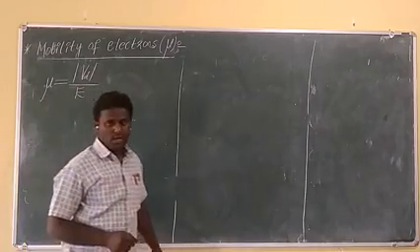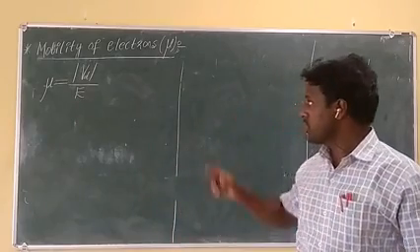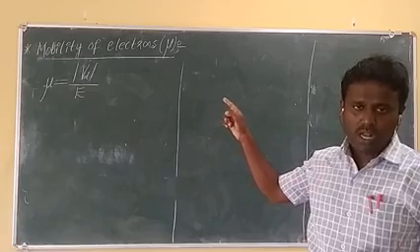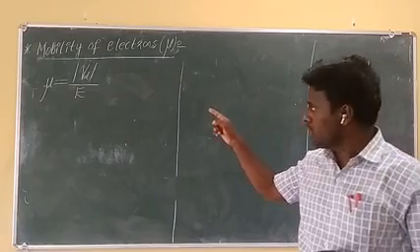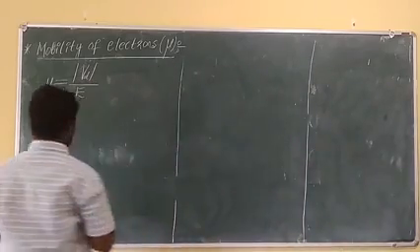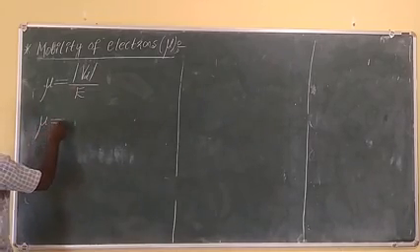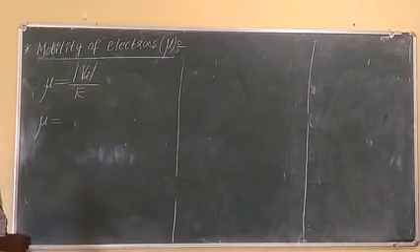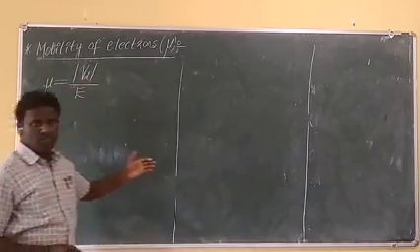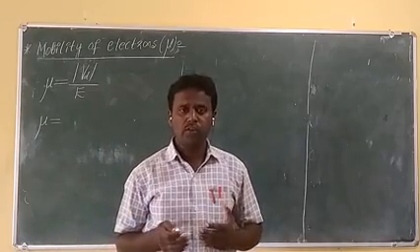Mobility of electrons is defined as the ratio of the positive value of drift velocity to the electric field, so you must take the formula of drift velocity with a positive sign.